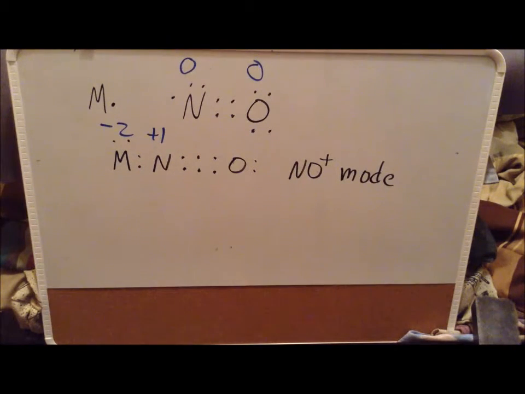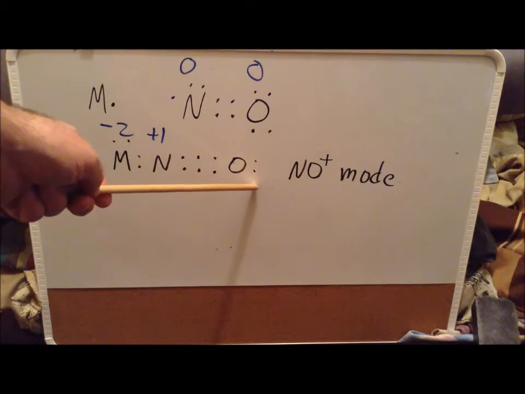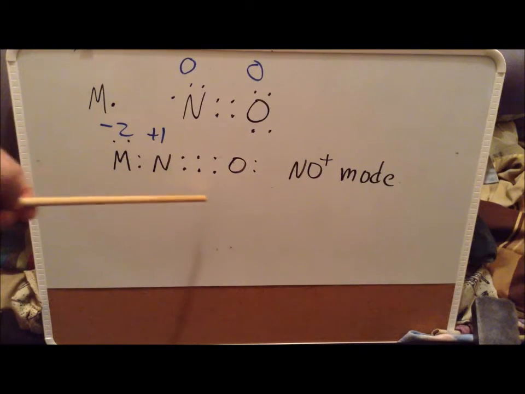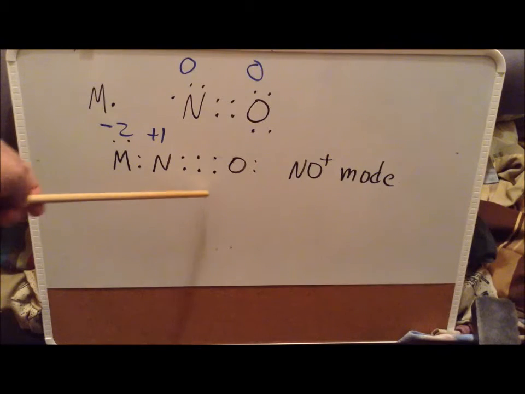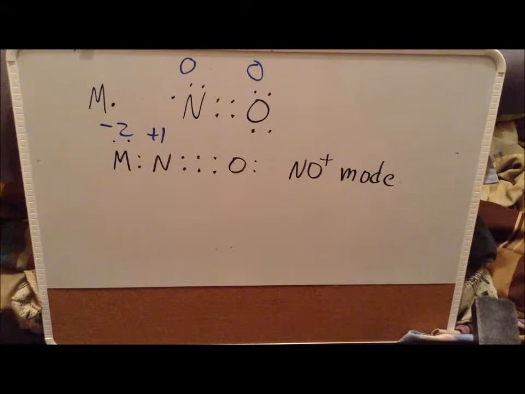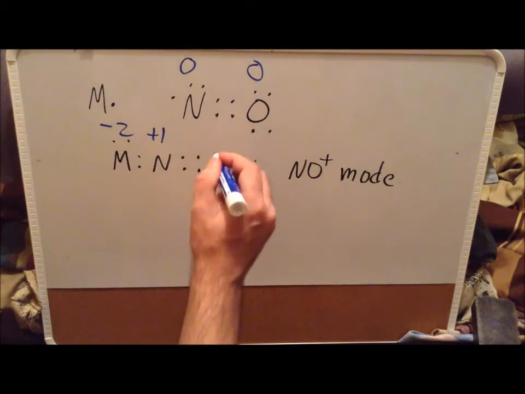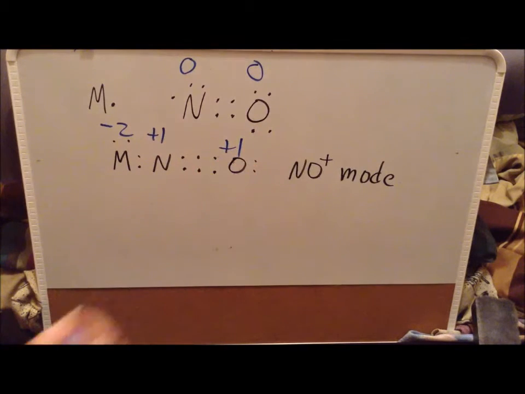So for its formal charge, 6 valence electrons minus 2 lone pair electrons is 4, minus 1/2 of 6 for the bonding electrons is 3, so we get 6 minus 2 minus 3 gives us a plus 1. So we have a plus 1 formal charge on the oxygen. So this is the NO plus binding mode.